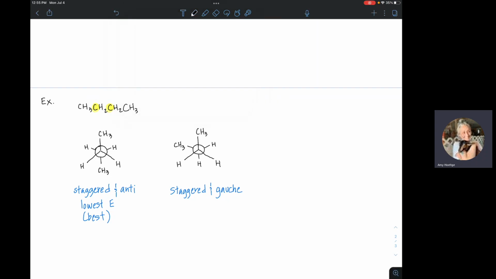Or I could put these methyl groups one right behind the other, rotating again, and have them eclipsed. So imagine that's right behind the other methyl group. These hydrogens are right behind each other. So this right here is going to be eclipsed.